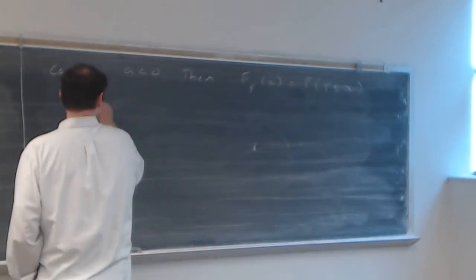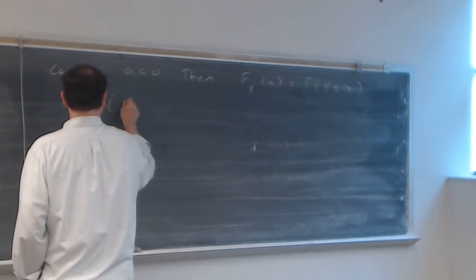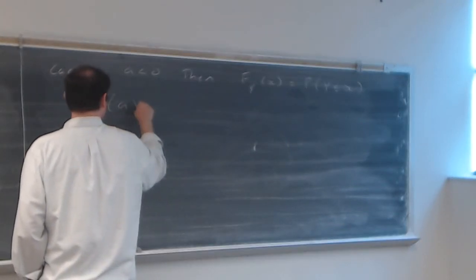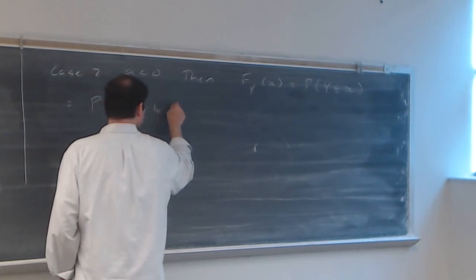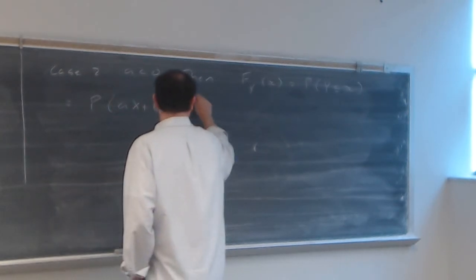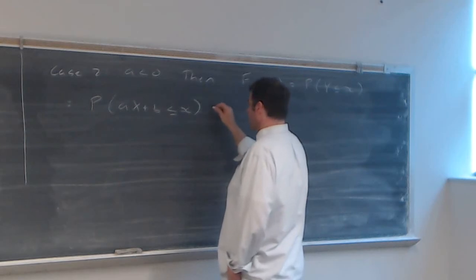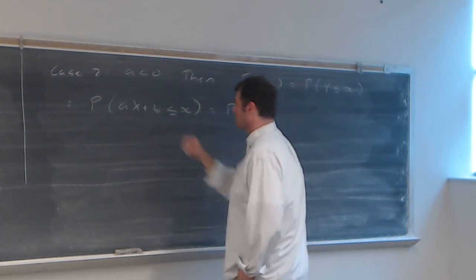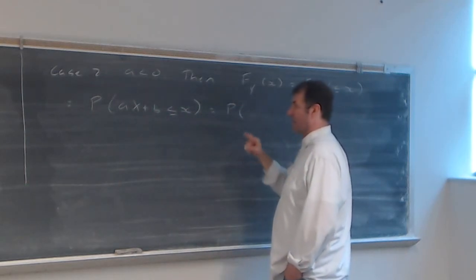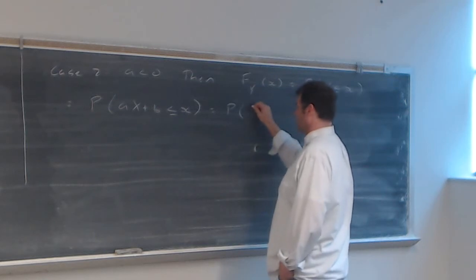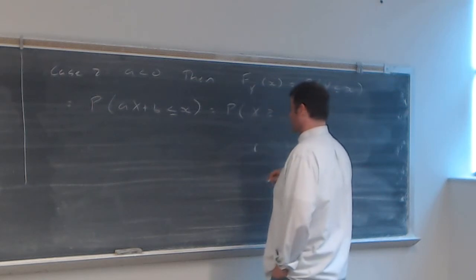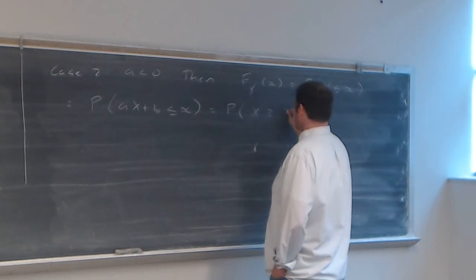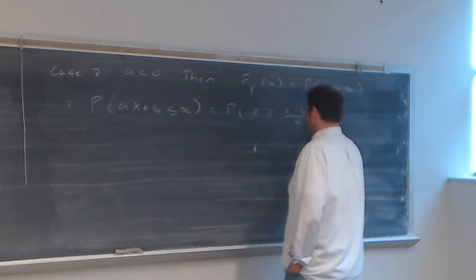But that's equal to the probability that ax plus b is less than or equal to little x. And here, that's the same thing as the probability when you solve for x. You subtract b and you divide by a. But when you divide by a, you have to switch the sign of inequality. So it's x is greater than or equal to x minus b over a.